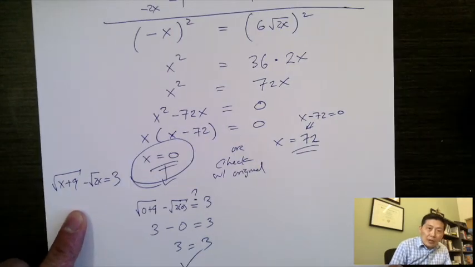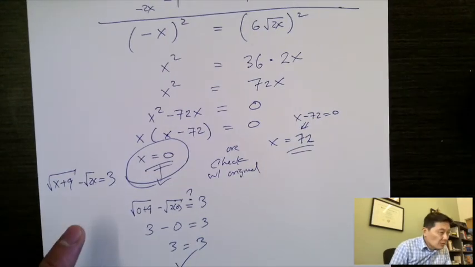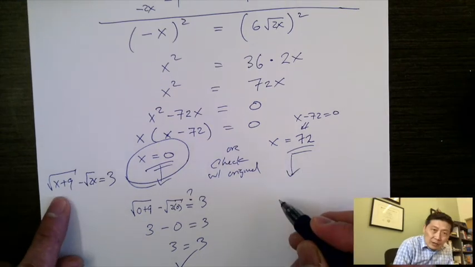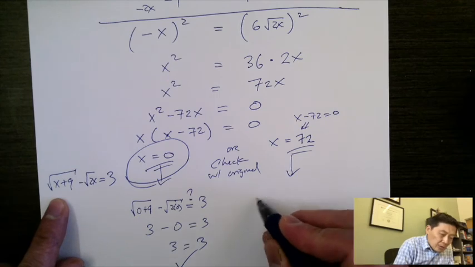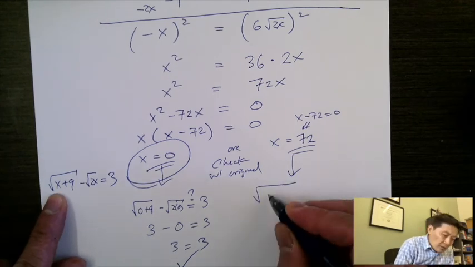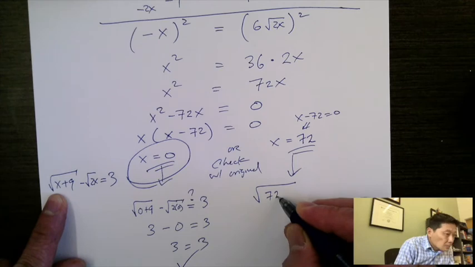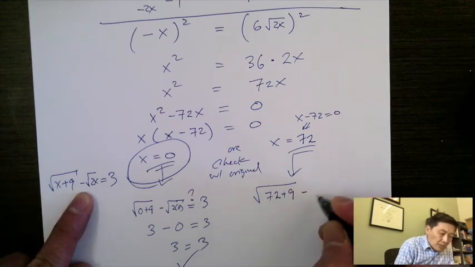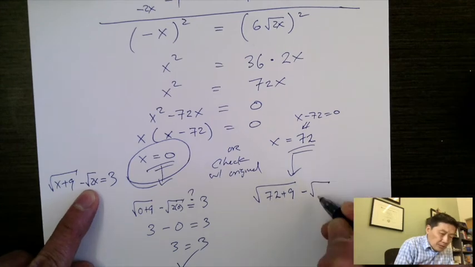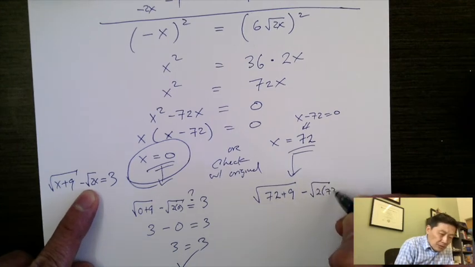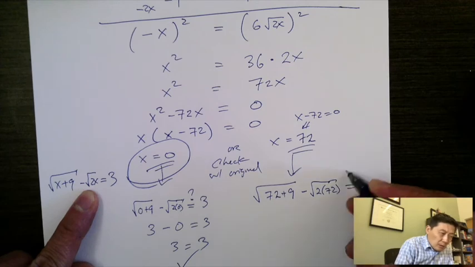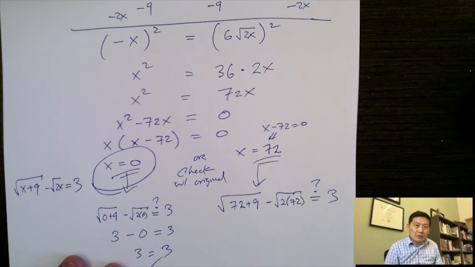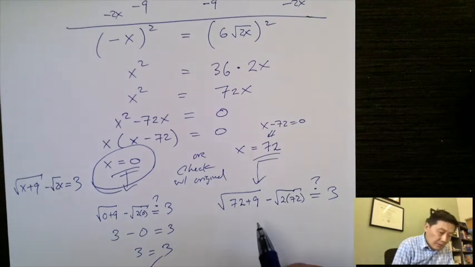Now we've got to check 72 to see if 72 is an answer as well. So bring this down and apply it back into the original equation. Square root of 72 plus 9 minus square root of 2 times 72, is that equal to 3? Okay, so now we've got to work this out.